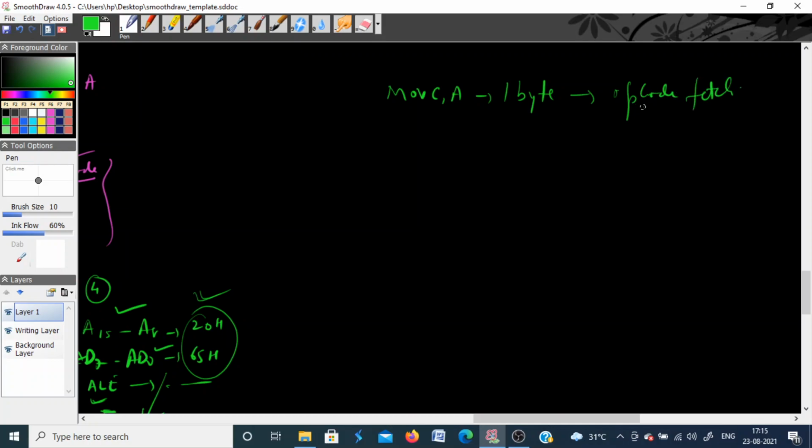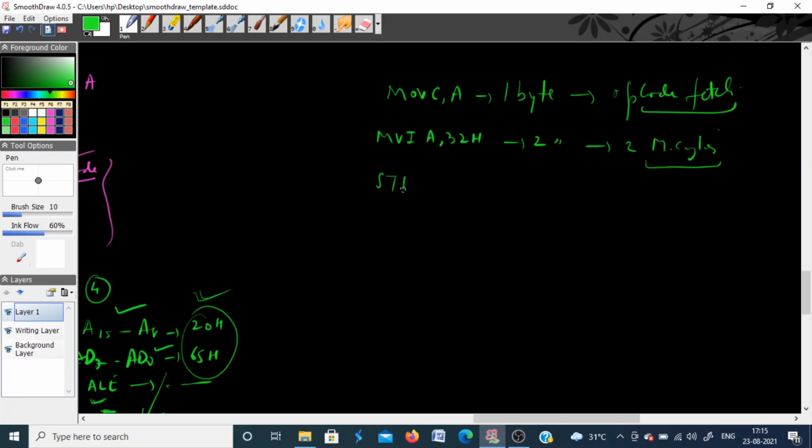The entire instruction is executed in this opcode fetch only. Then we took one more example, MVI A, 32h. This is a 2 byte instruction, and of course you need 2 machine cycles: one is opcode fetch and one is memory read.